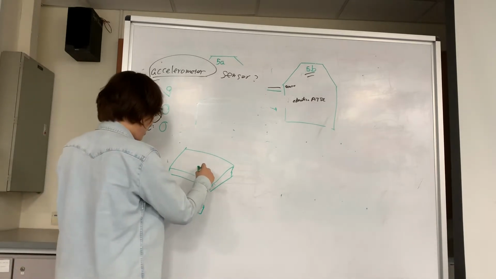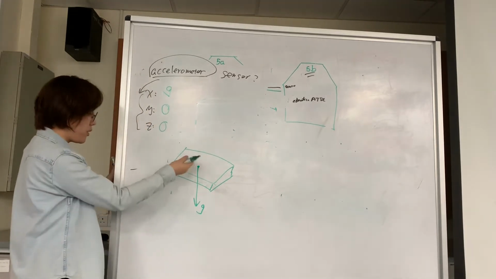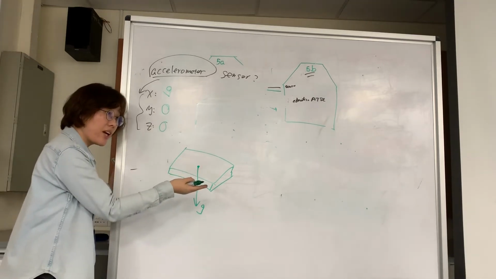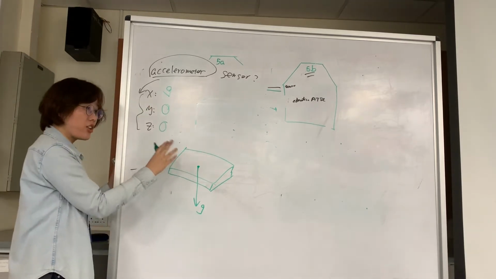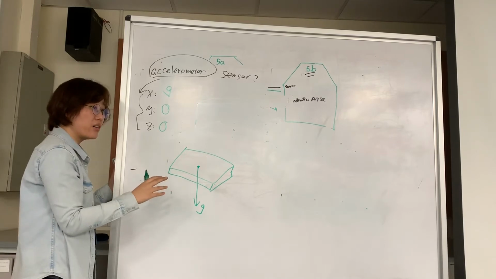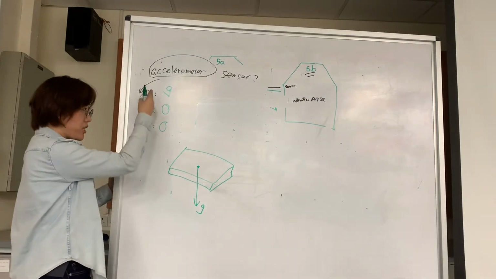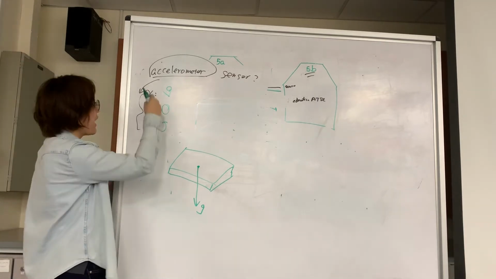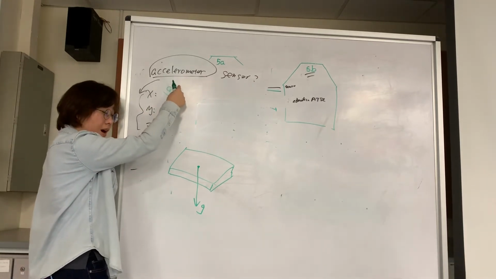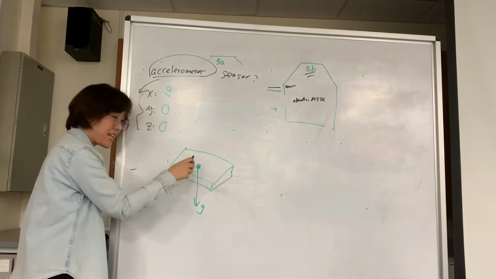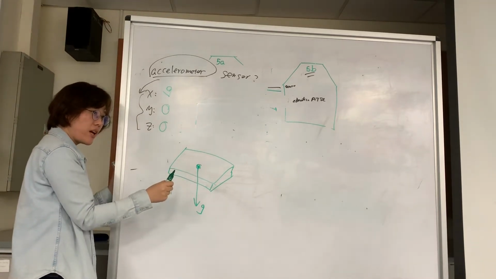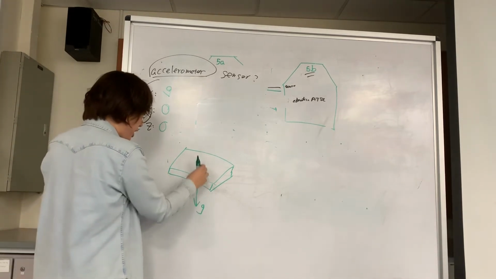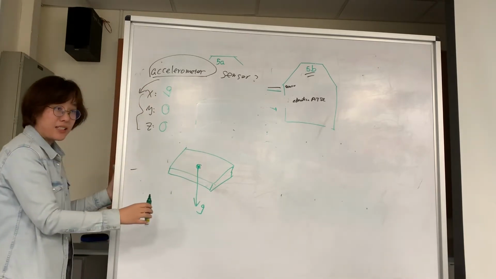and for your board, you still need to figure out where is x, where is y, and z. For your board, x, y, and z do not change at all. That's the direction with regard to the accelerometer. Once you solder your accelerometer onto this, x, y, z are already fixed. So you have a g like that.